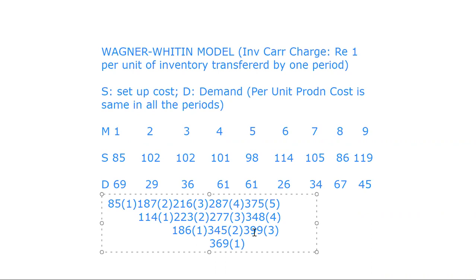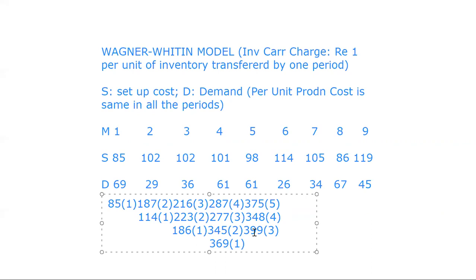I will repeat. It is not optimal to transfer from period number 2 to period number 4, and so it is not optimal to transfer production from period number 2 to period number 5.